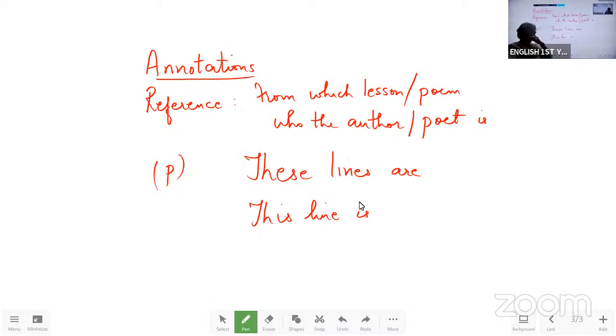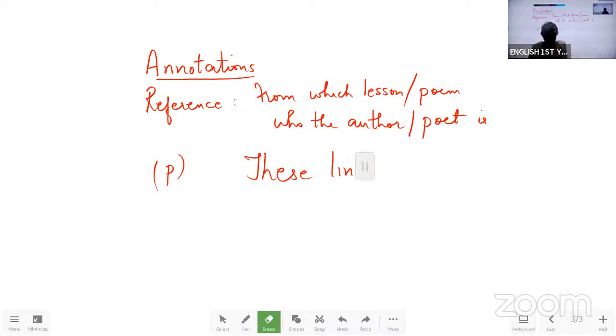Children, if you're writing in singular, use the singular sentence or the plural. Don't confuse both and make yourself stand to lose marks. Remember, you write these lines are, or write this line is. Okay, children? Then going to the next, after the reference comes the context.